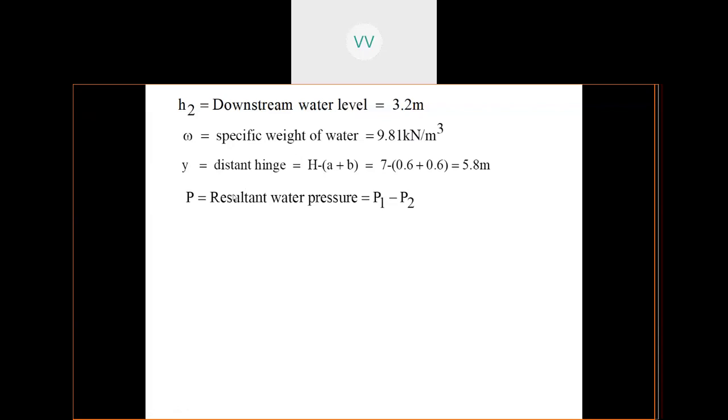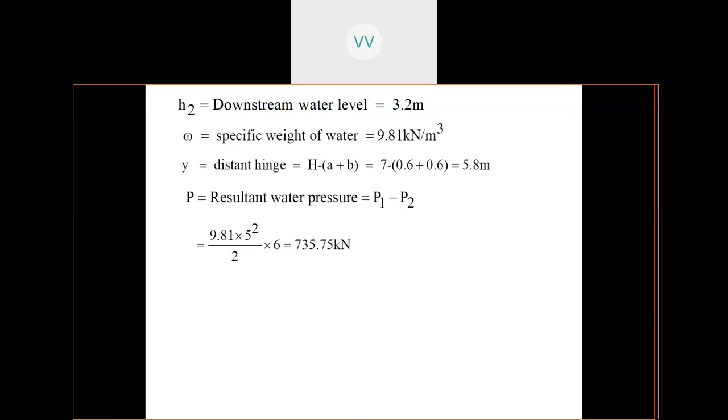Now let the resultant water pressure be capital P, that is P1 minus P2. That means the total pressure on the upstream side minus the total pressure on the downstream side, which is equal to w H square by 2 into L. Have you finished working out the value of w H square by 2, students?